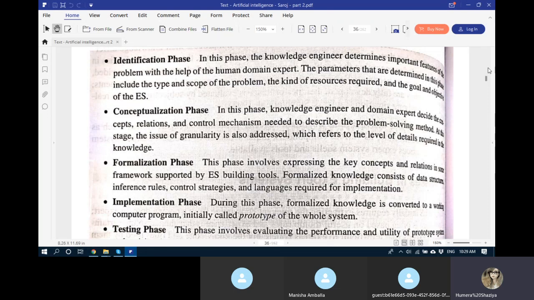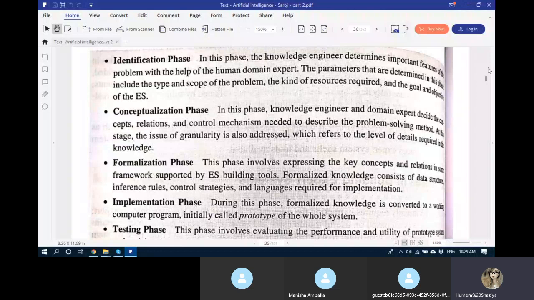Means a doctor is asked, how does he diagnose, how does he identify the disease, what medicine does he prescribe, and how he interacts with a patient. So all these features are extracted from the expert.